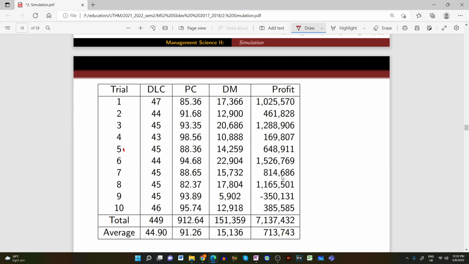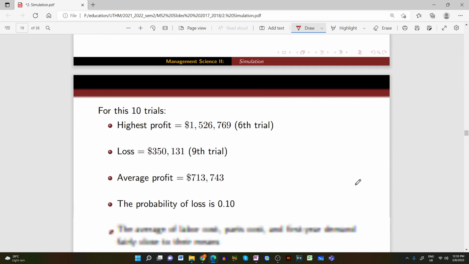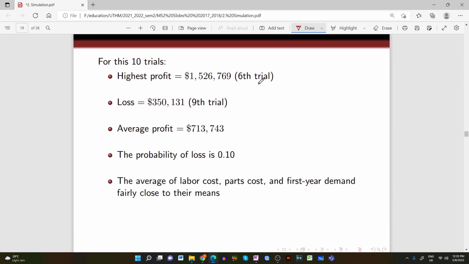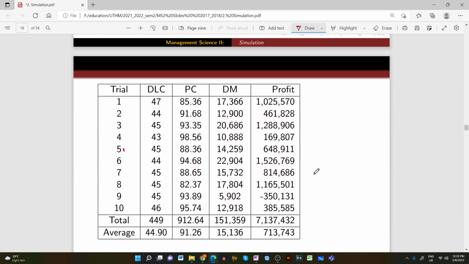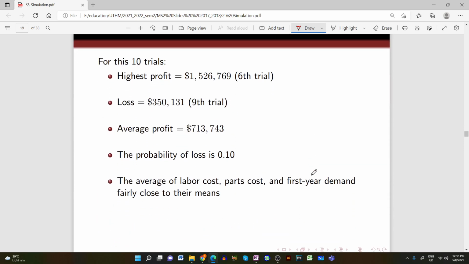So you have more information now, and from this information we can say that the highest profit is the 6th trial, the loss is the 9th trial, the average profit, and the probability of loss. How many times did we lose? Only one time, isn't it? So 1 out of 10 trials is a loss, so this is the probability in case we want to present this.